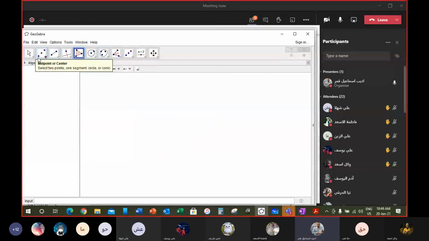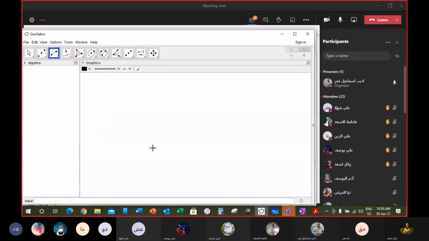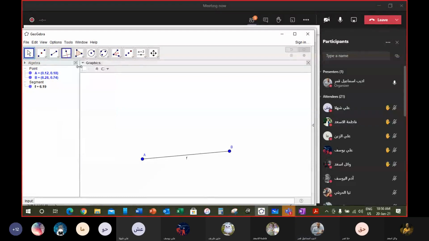So we have ABCD is a rectangle. نرسم rectangle. أول شيء ناخذ segment AB. Then we take the perpendicular to AB at A. Okay.